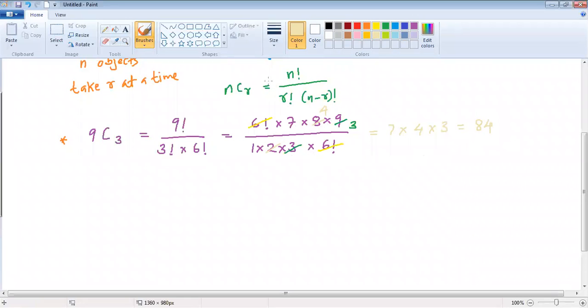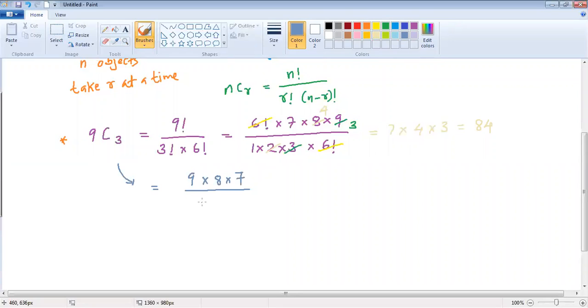Now I will tell you one shortcut to directly do this. 9C3 is equal to, you have to start from 9 and it is 3, so you have to move 3 units backwards. 9 into 8 into 7 divided by, so whenever it is 9C3, in the numerator you have to start from 9, and in place of r it is 3, so you have to move 3 units backwards.